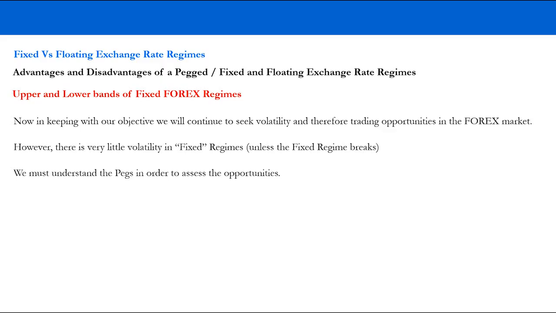And our understanding of these regimes now is going to give us the ability to move on and look further into the potential opportunities and volatility in the Forex market. What we've also done by doing this is what we mentioned earlier, which was to start to really build an understanding and foundation of all things macroeconomics, all things macro.